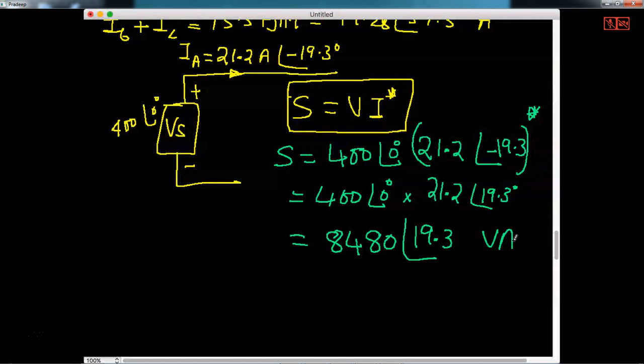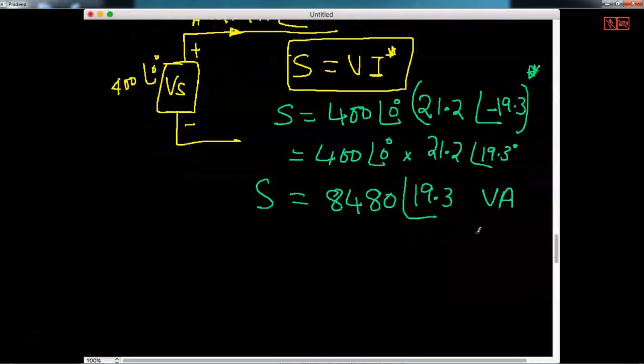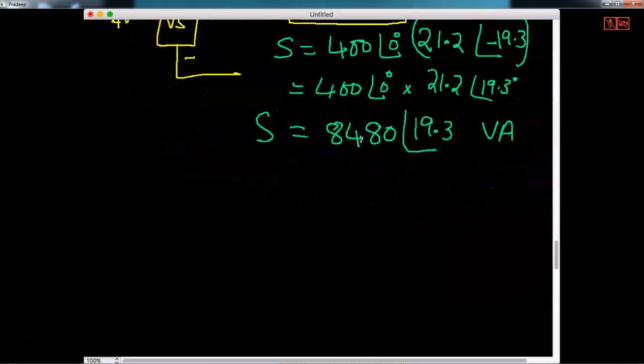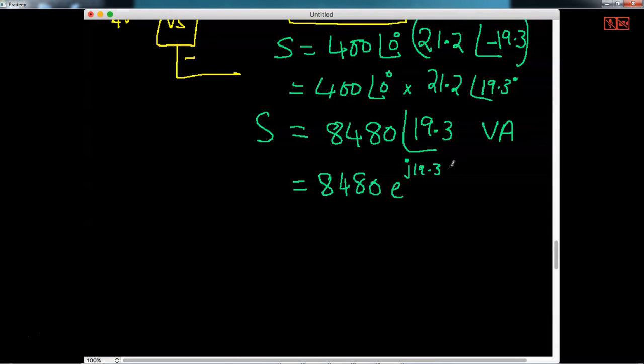So this is the S. Now this number I can convert into rectangular form, simply by the formula: 8480 e to the power of j into 19.3, which should be converted to radians, into pi by 180.